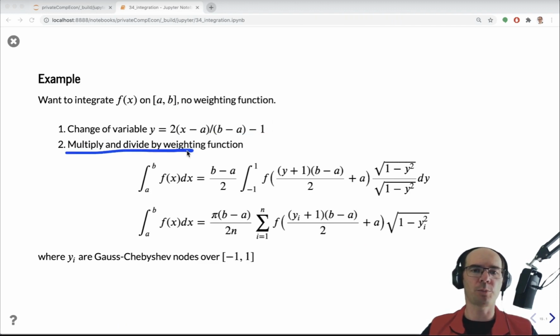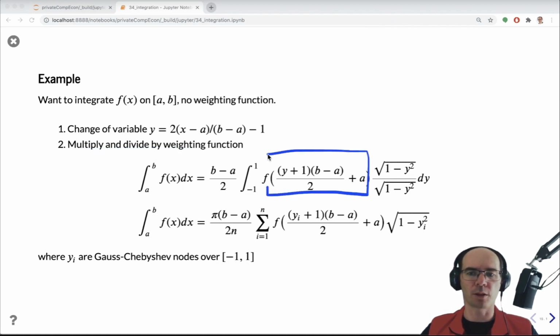And then we just multiply and divide by the needed weighting function. So it's going to go like this. We have the integral from a to b of our function of interest. We perform the change of variable, right? So we transfer the integral to the y variable, where y is given by this formula here.